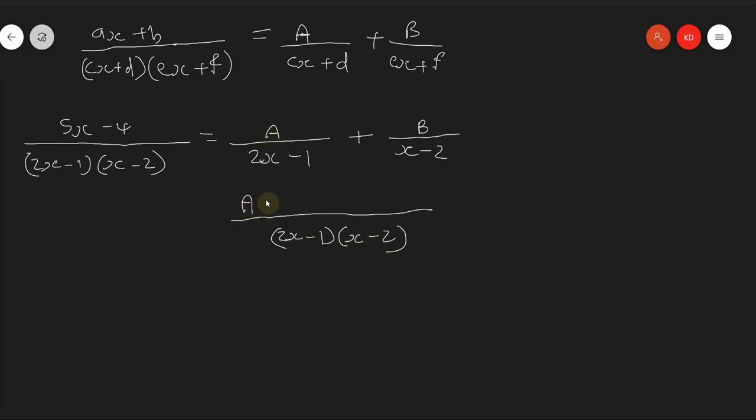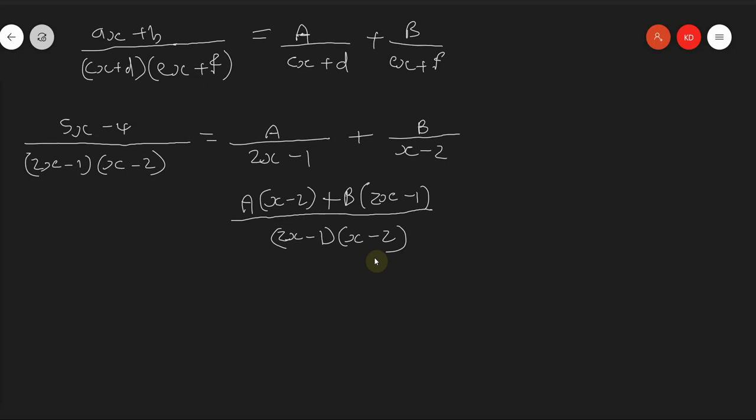Therefore we're going to have the a times that x minus 2, and same here, write our b, and that is going to be multiplied by, now when we divide x minus 2 into this product, we're going to get 2x minus 1. So the 2x minus 1 goes here.